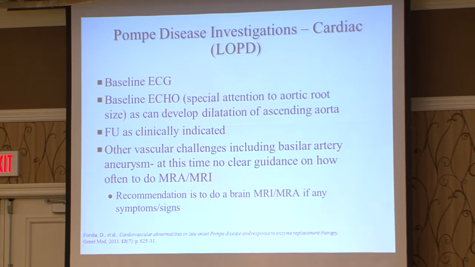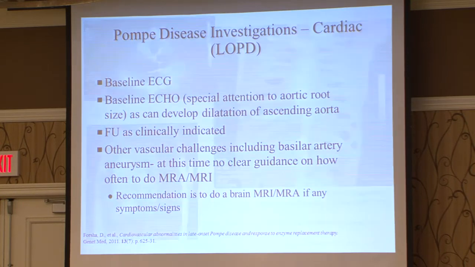At this point, there are no clear guidelines of how often and when to do imaging, or what we call MRA, or angiography of the blood vessels for the brain, or an MRI in adults with Pompe disease.